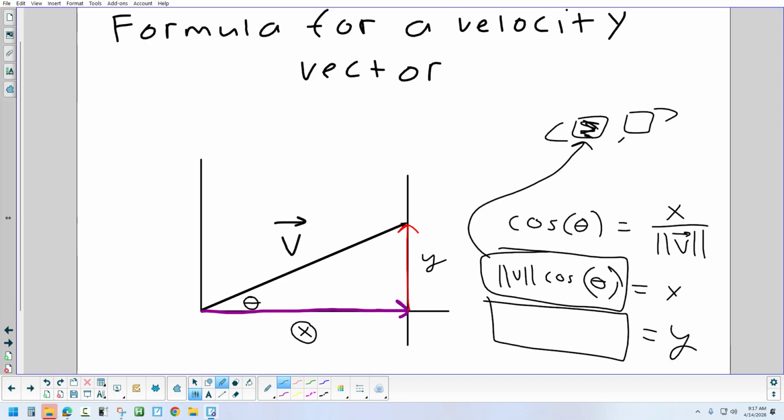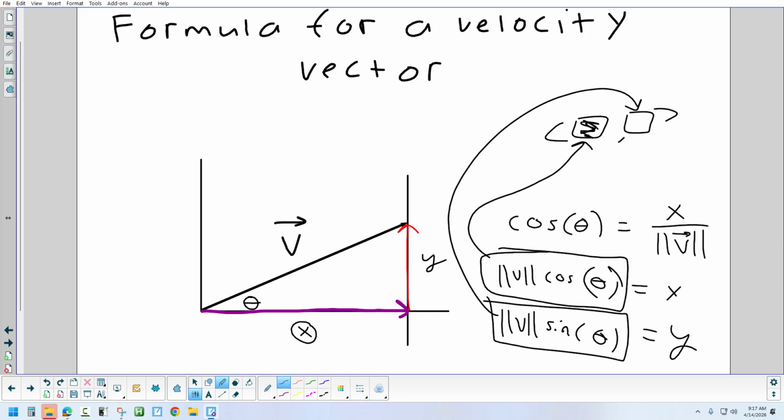Doing a very similar setup, what do you think the formula would be for the vertical component of your vector, given the angle of the object and the speed of the object? Right, magnitude of v sine theta.